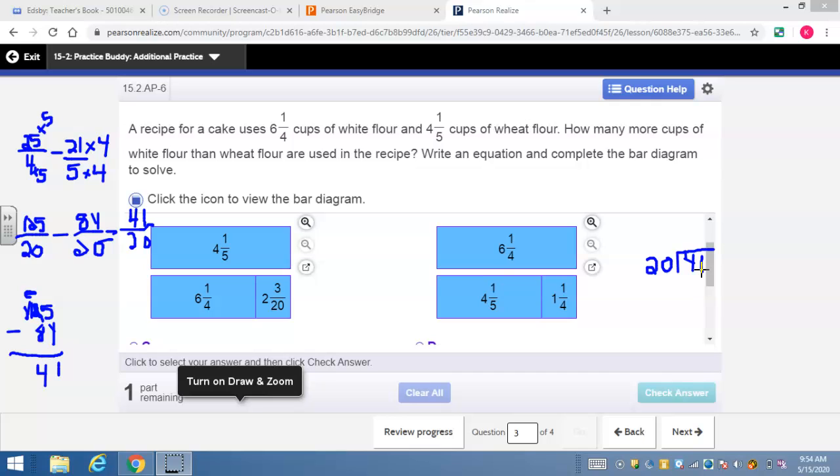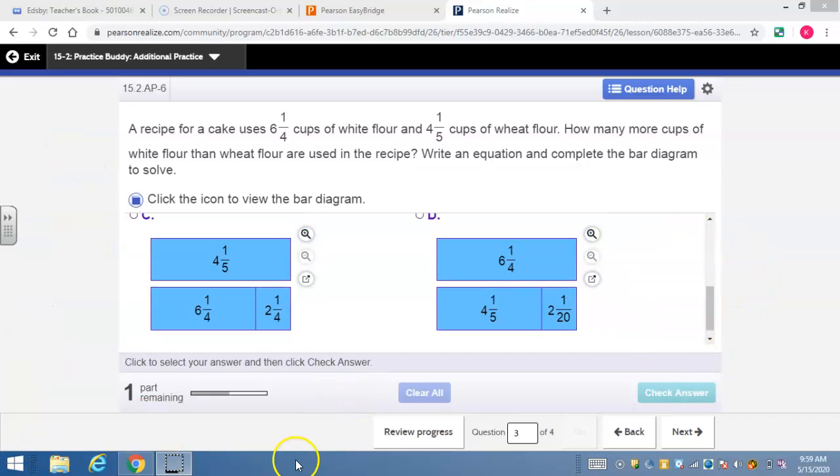Well, I know 2 times 2 is 4, so 2 times 20 would be 40. I know that 20 times 2 is 40. So I need to subtract to find if I have a remainder, which I do. 1. Okay. So what is going to be my correct answer choice looking at this right here?